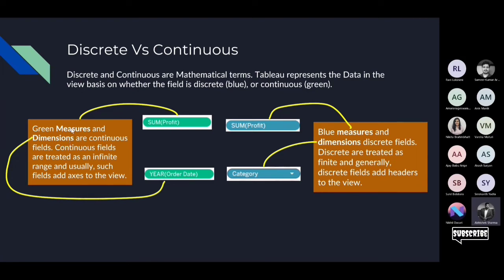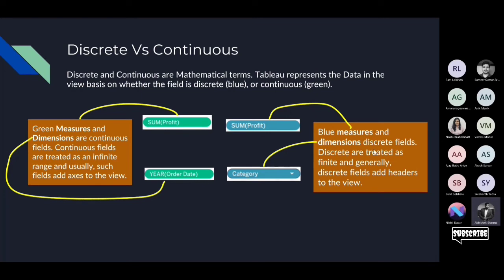So again, green measures and dimensions are continuous fields. As you can see in this case, continuous fields are treated as an infinite range. Again, these are mathematical terms, as I told you, treated as an infinite range, and usually such fields add axes to the view. Again, a very important thing, something that we are going to see in a while.